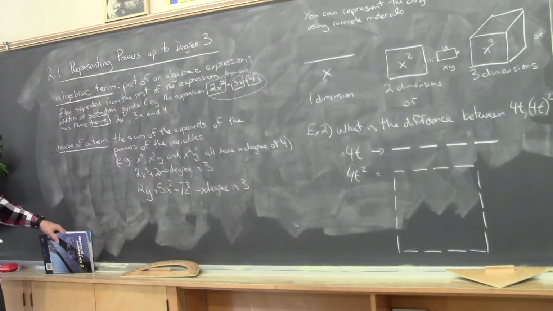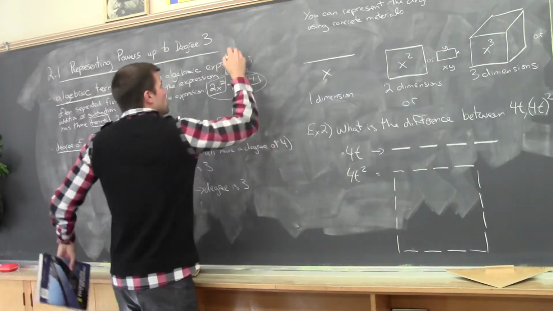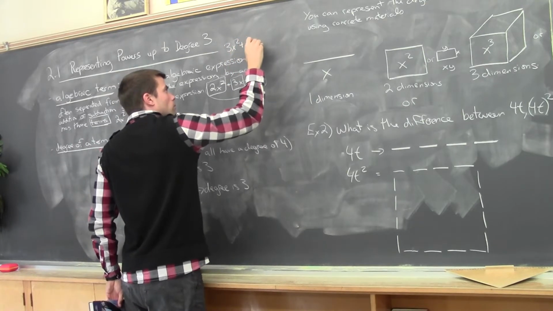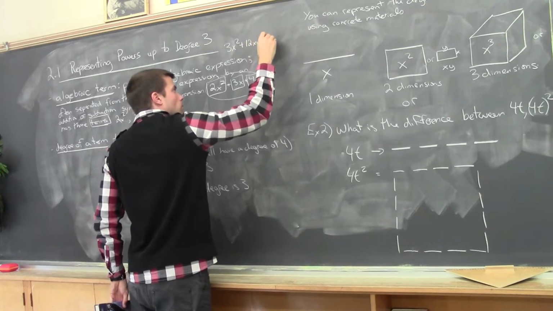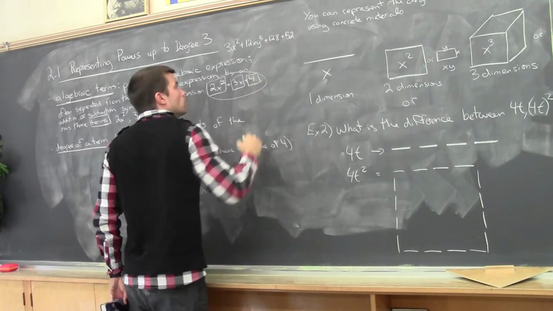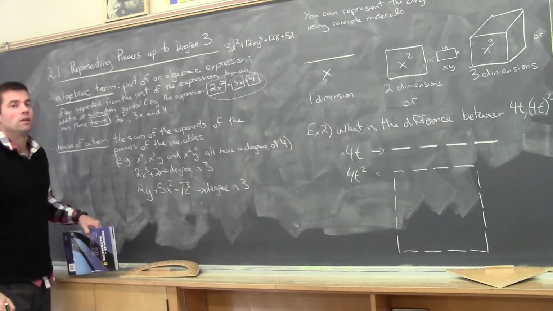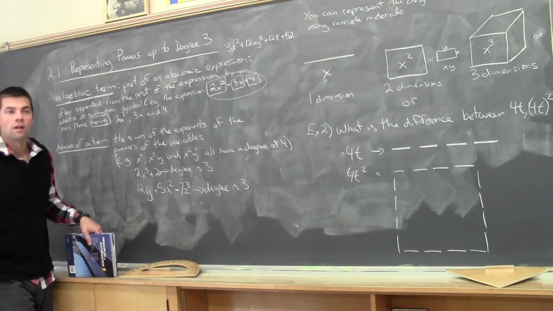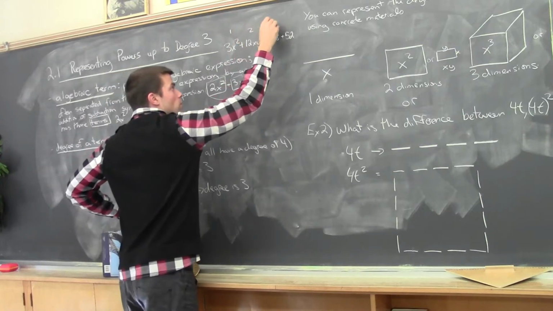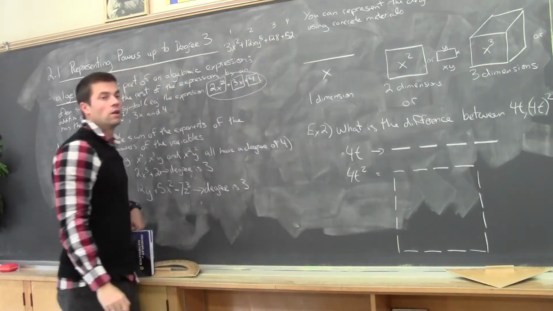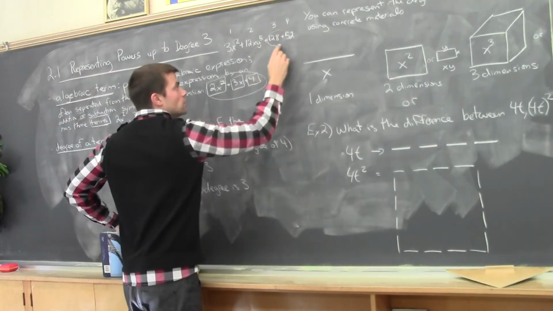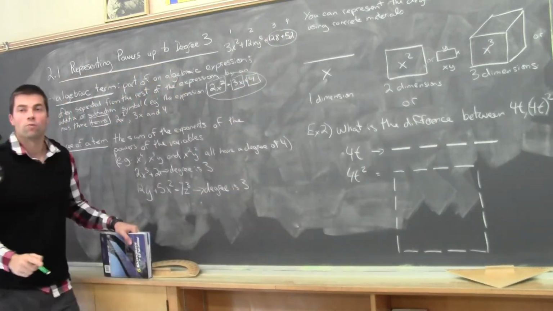So if I were to give you a very long expression such as this, I could ask how many algebraic terms, and you might be tempted to tell me 1, 2, 3, 4. The only issue is that these two terms can be easily combined into one term.